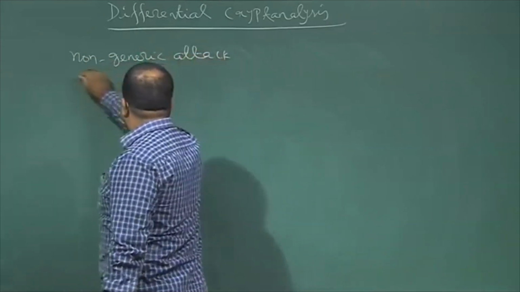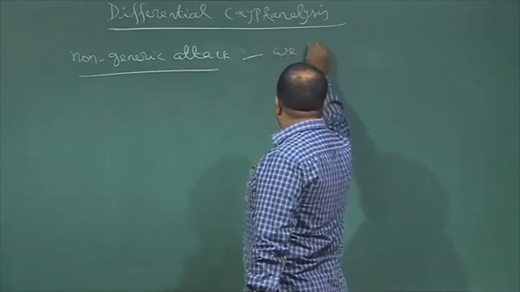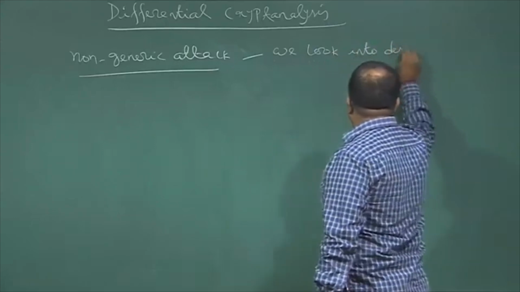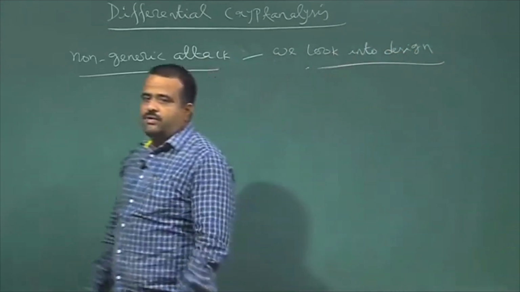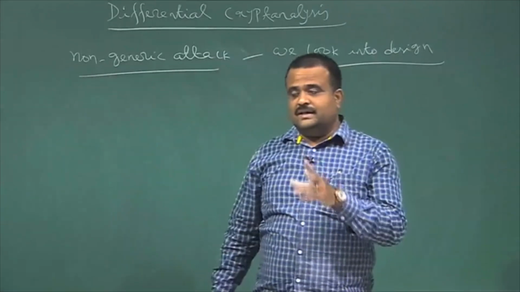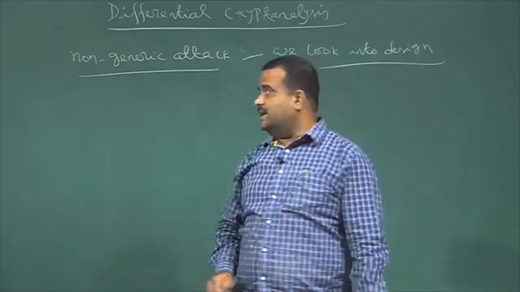So in the non-generic attack, we look into the design of the cipher, and then we try to find out whether there is any flaw or not. If there is a linear relationship between the plain text and the ciphertext, those are linear attacks.